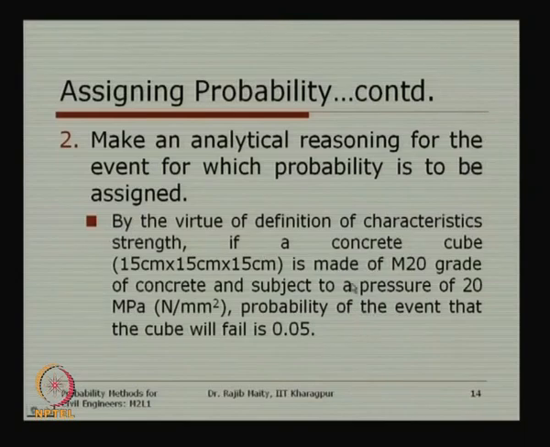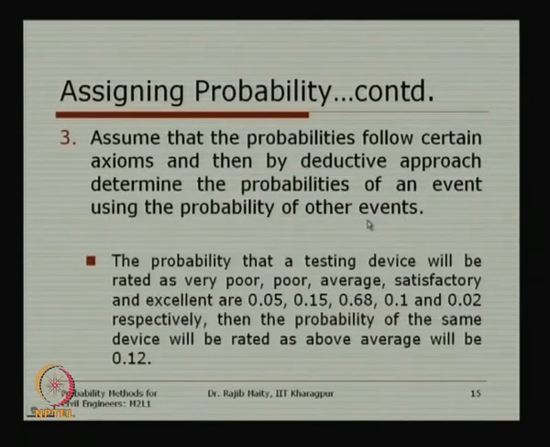So if I take M20 grade concrete and the pressure is 20 MPa, the probability that the cube will fail is 0.05. This is an example of analytical reasoning for assigning probability to an event.